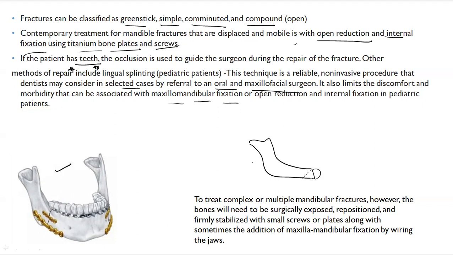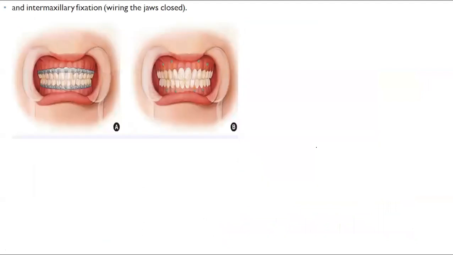But if it is an accident or a trauma case where the pieces are being displaced, then that part needs to be exposed, repositioned, and then stabilized. It is going to be stabilized when the screws or plates are being used, depending upon the condition, and sometimes even wiring of the jaws. So here you can see the wiring, plates, and screws.